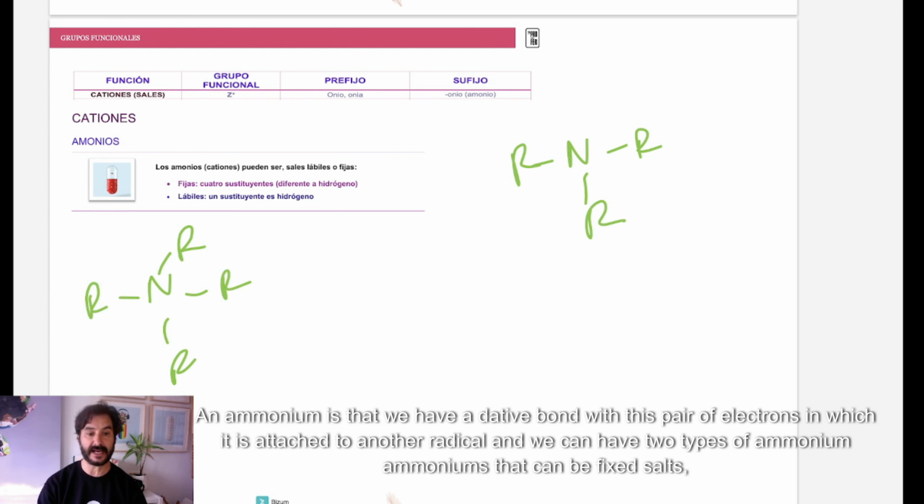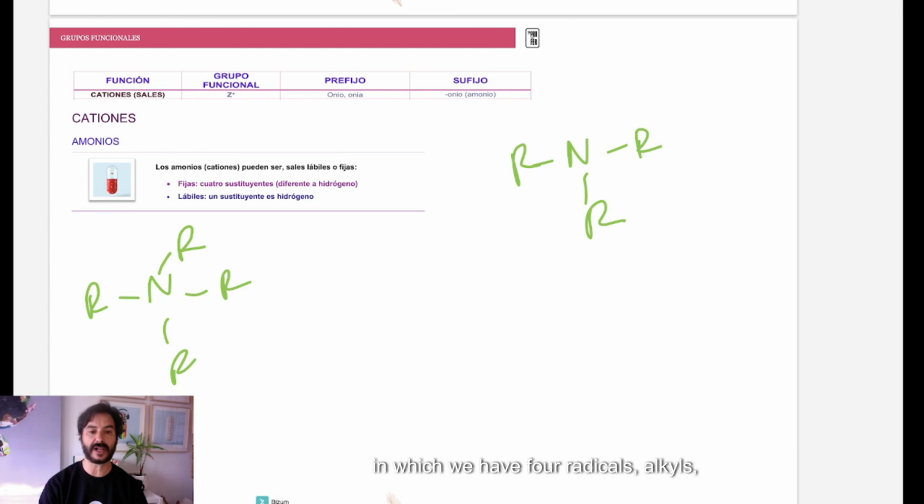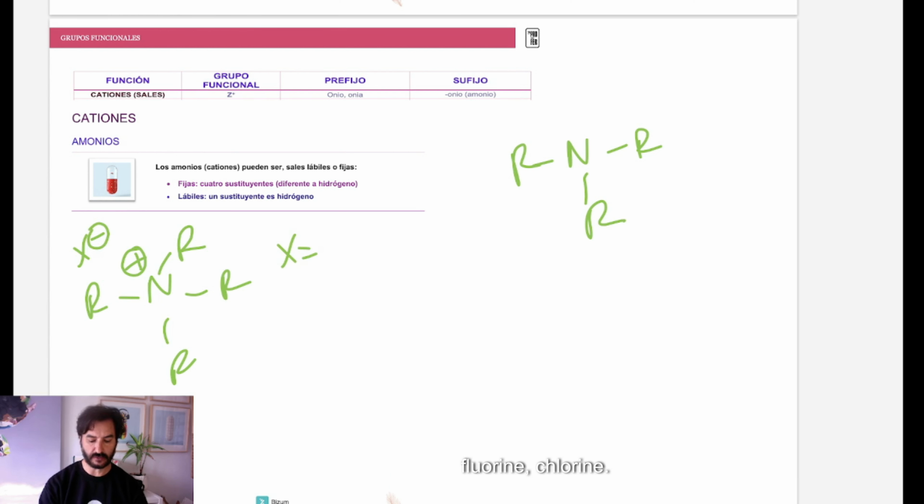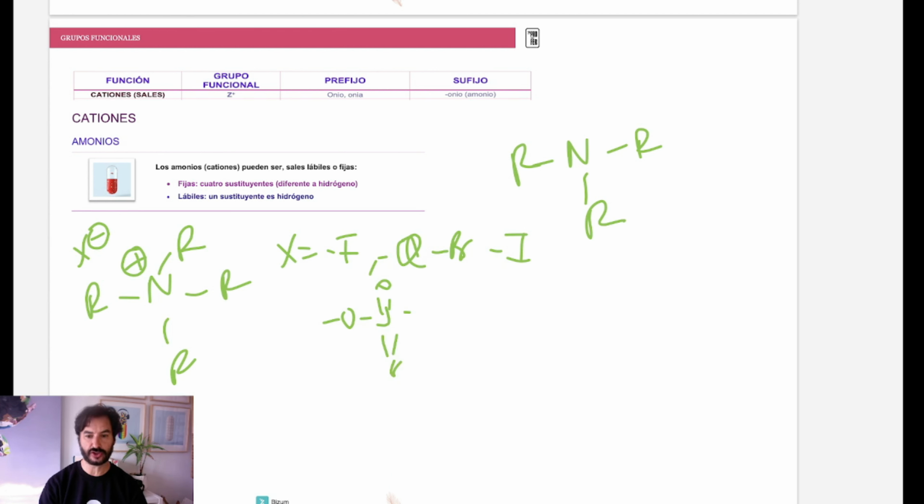They can be fixed salts, in which we have 4 radicals, alkyls, aryls, or different nature, and we have a salt that has a counter ion, this X, which can be halogens, fluorine, chlorine, bromine, iodine, that you are used to seeing, but they can be others, such as sulfonates, tosylates, different salts that we will see during different videos. Okay, and this is what a fixed salt would be.